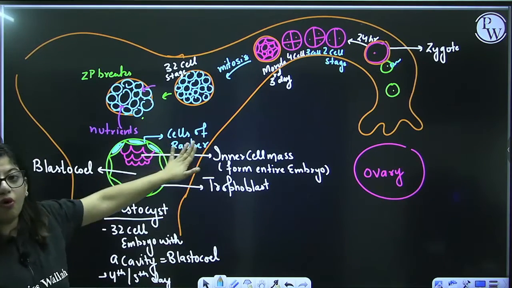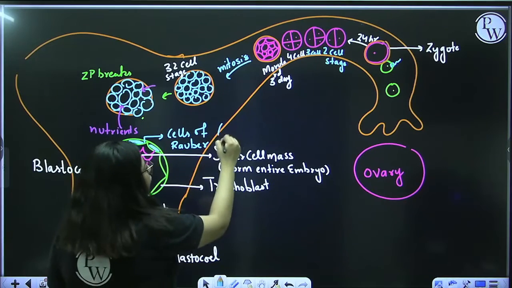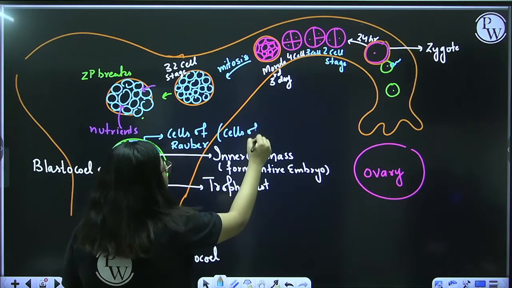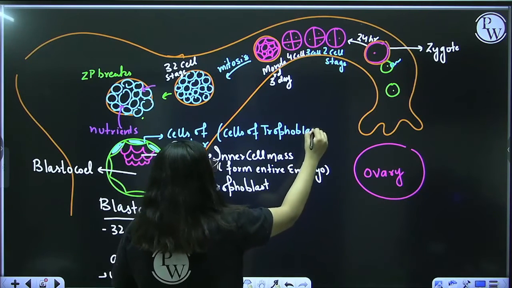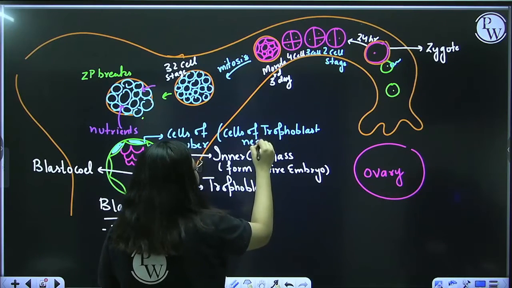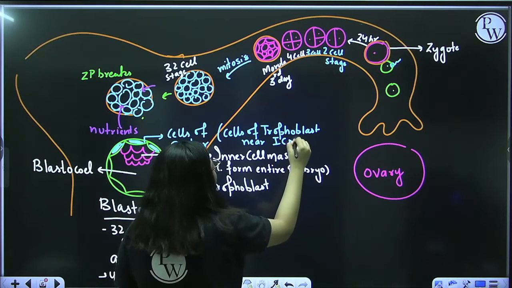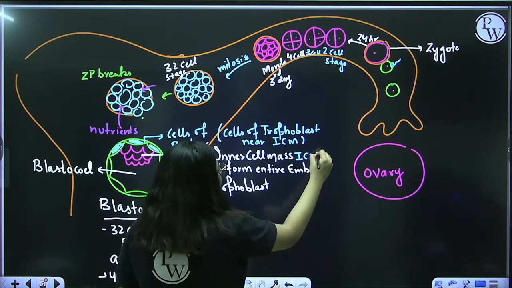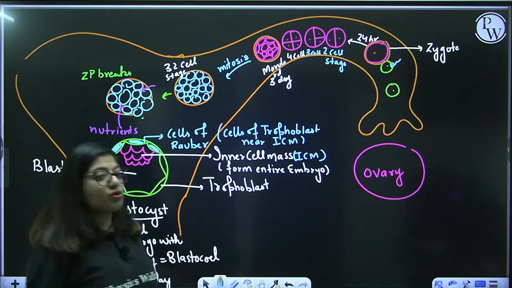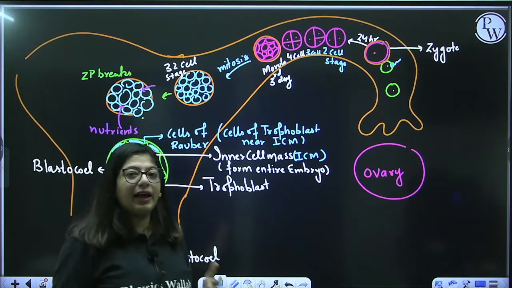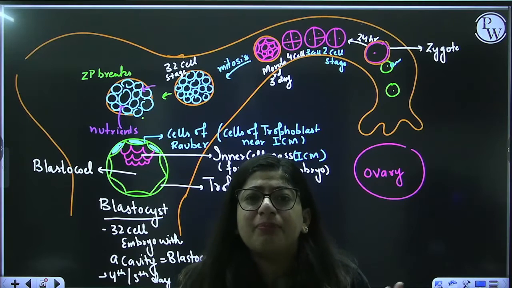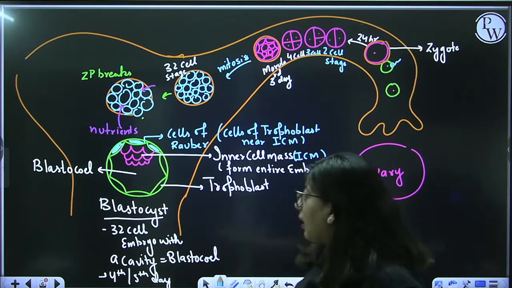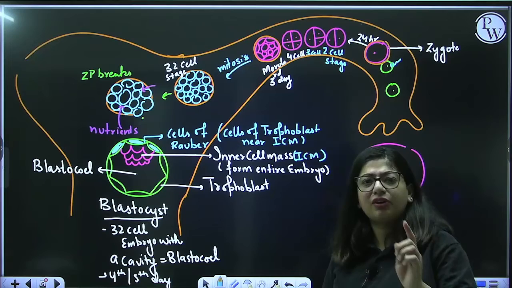So the cells of Rauber are the cells of trophoblast near the ICM. What is ICM? Inner cell mass. The trophoblast is the layer that will help in implantation. And what is implantation? Embedding of this blastocyst in the uterine wall. We will talk about that soon.